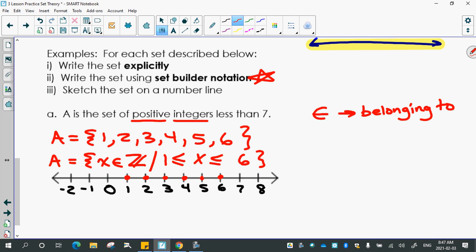Okay? So what does this say again? A is any number X belonging to the integers as long as 1 is less than or equal to X, which is less than or equal to 6. Which is another way of saying the X has to be greater than or equal to 1 and also less than or equal to 6. Okay? It'll get easier.